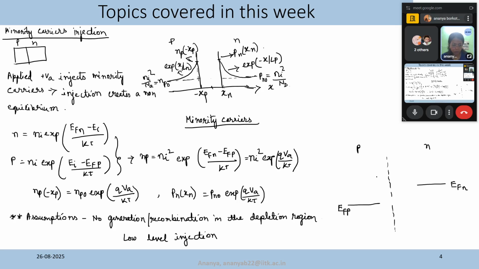And this will be EC, EV. Now this is the Fermi level for electrons.